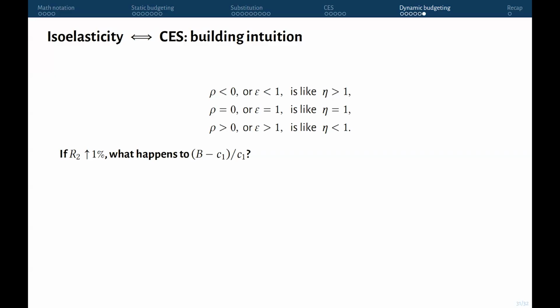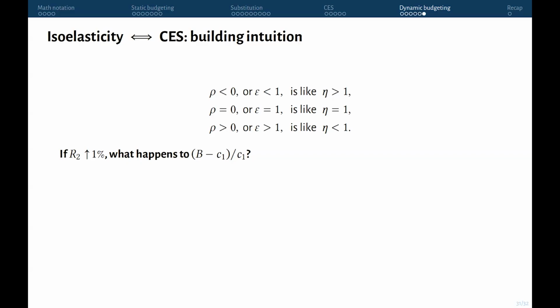B minus C1 over C1, the thing to notice, even though I'm going blank here, is that B minus C1 is like P2 X2 over P1 X1. Because you spend C1 in period 1, you have this much left over, right? But you don't translate that into period 2 consumption immediately.